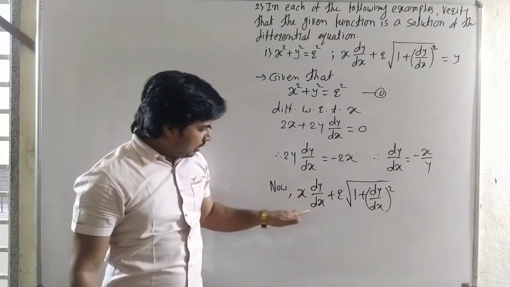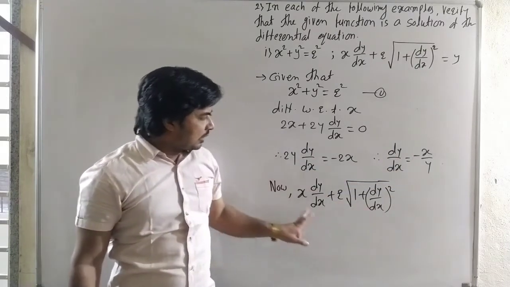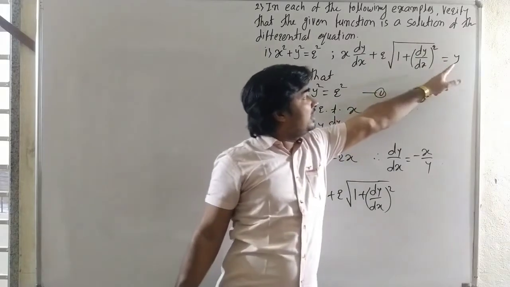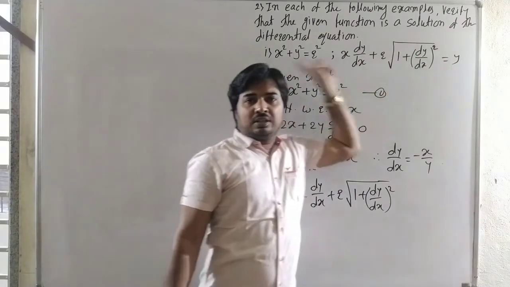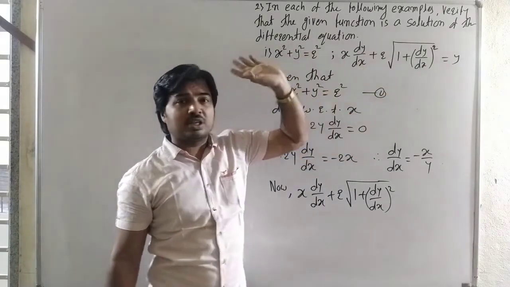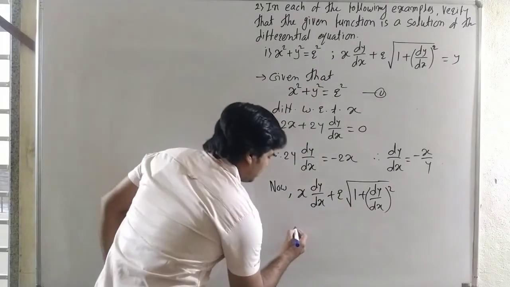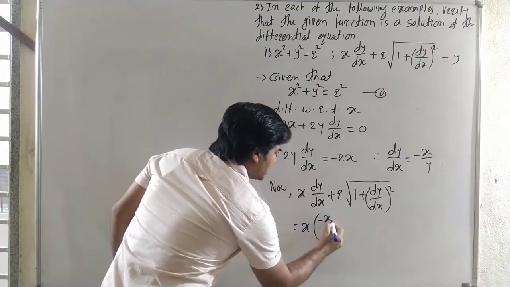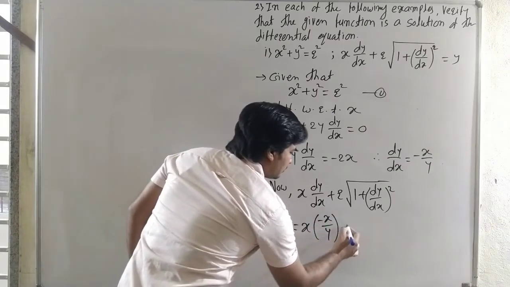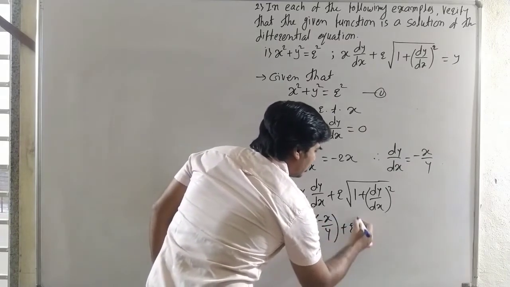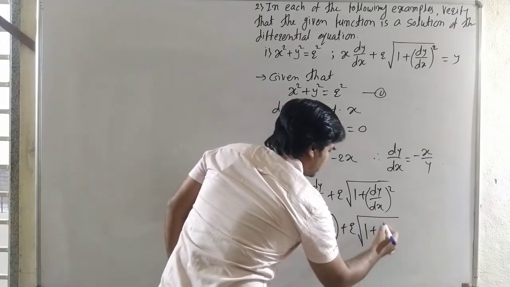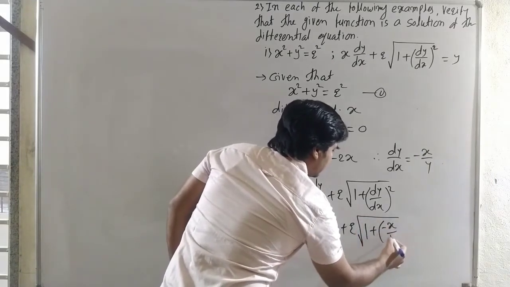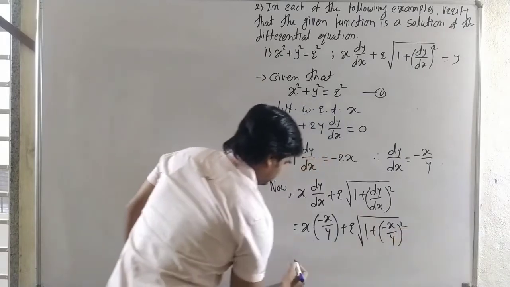We put this value in this relation, and when we get it equal to y, then it is a solution of this differential equation. So it is x into minus x by y plus r into the square root of 1 plus (minus x by y) square.